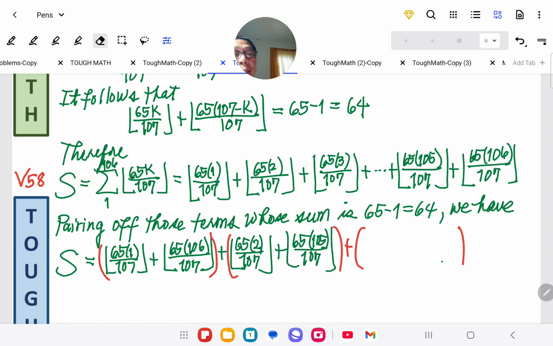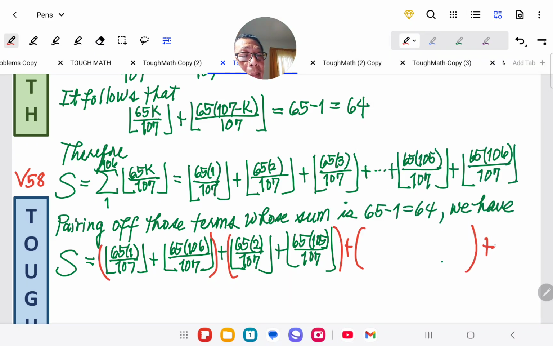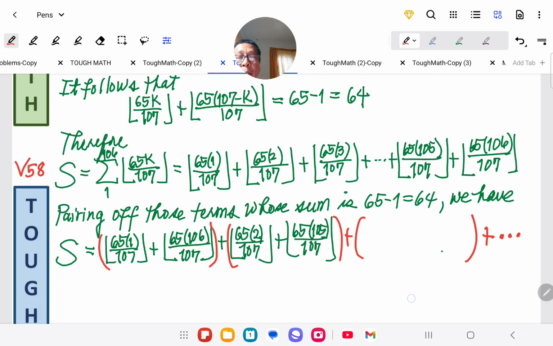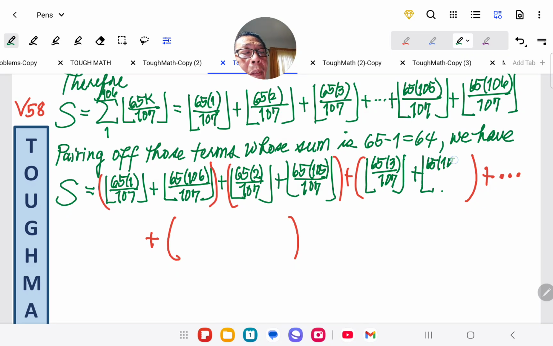plus, and so on, plus the last pair. Okay. The next pair is the greatest integer value of 65 times 3 over 107 plus 65 times 104 over 107.